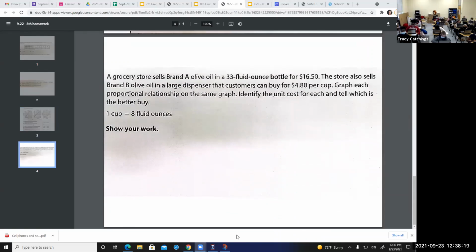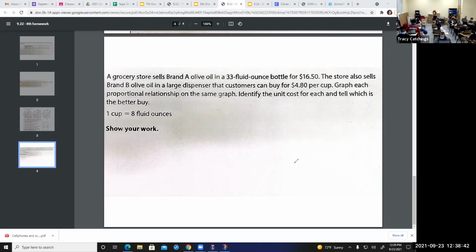All right, the last one said a grocery store sells brand A olive oil in a 33 fluid ounce bottle for $16.50. The store also sells brand B olive oil in a large dispenser that customers can buy for $4.80 per cup. They said graph each proportional relationship on the same graph, identify the unit cost for each, and tell which is a better buy.